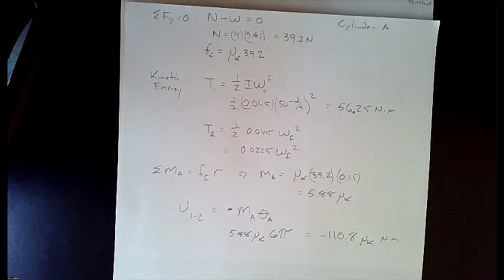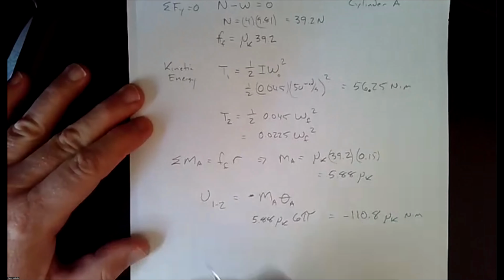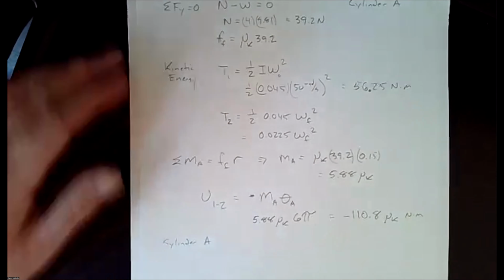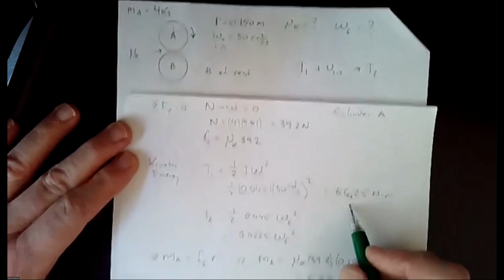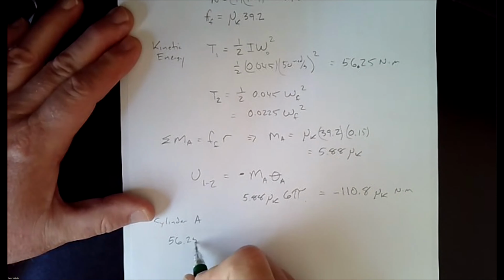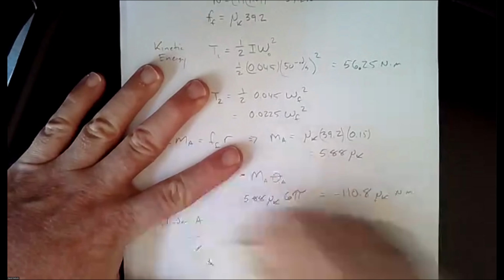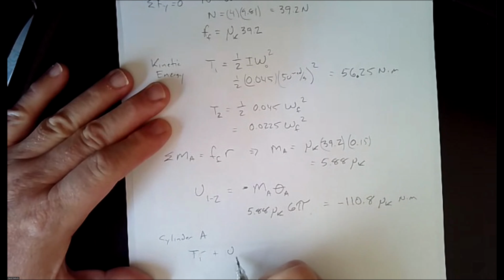All right. So now what we end up with is, for cylinder A, we have our T1, which was 56.25. Actually, let me write that a little. T1 plus U1 to 2 equals T2.